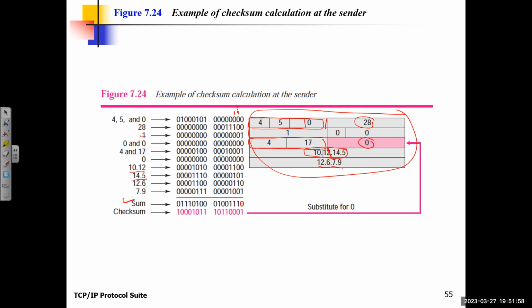Because you have to do 1 and 1. 4 is 0, 0, 1. Correct? So that's 0. Then you have 0 and 1. It's 1. You have 1 and 1, 2, 3, 4, 5. So 5.